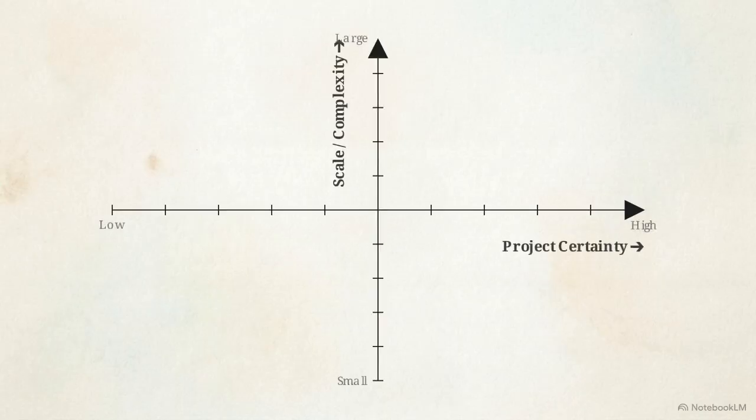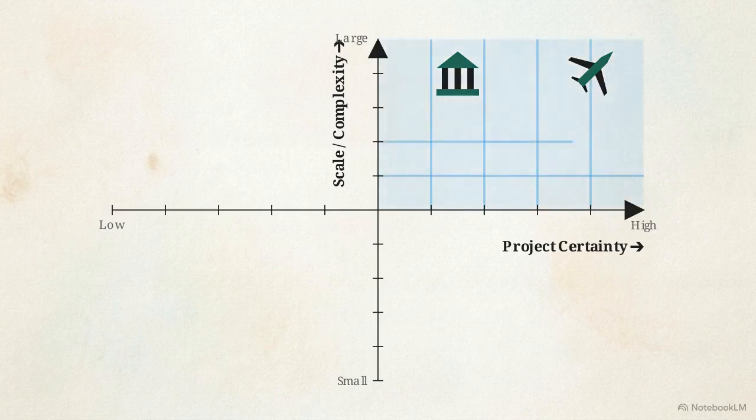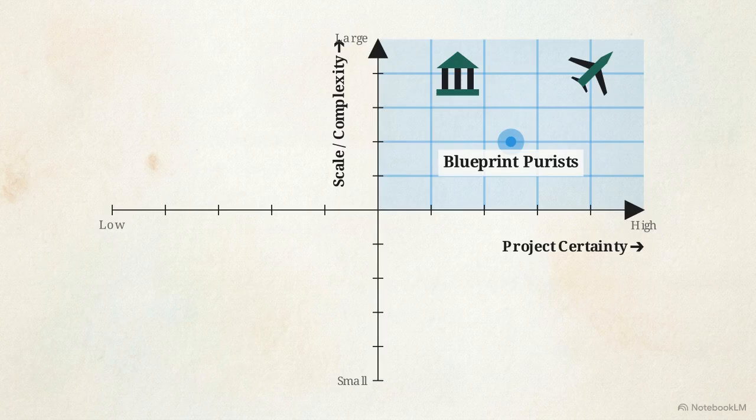To decide where your project lands, evaluate certainty against complexity. Some teams build enterprise systems or avionics software with rigid, legally bound requirements. These map to the high certainty quadrant. Because requirements won't move, these teams lean heavily into top-down planning, setting strict boundaries before coding begins.